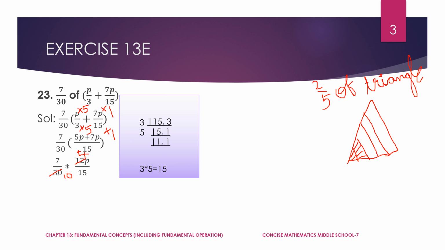And here again 2 2s are 4. 2 5s are 10, right children? So now you can multiply each other. 2 7s are 14p. 5 into 15 is 75. I hope you got this and it's very clear.